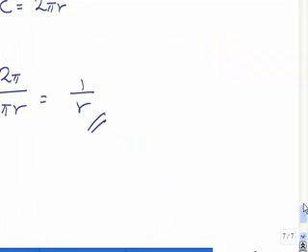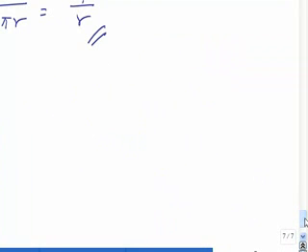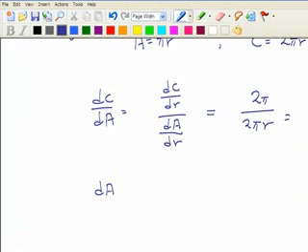Now, after I got dC over dA to be like this, we look at what the question wants us to find. The question gives us a rate question. We know that the rate given to us, dA dt, is a constant rate of 2 cm squared per second. This is okay because the units used are always constant.